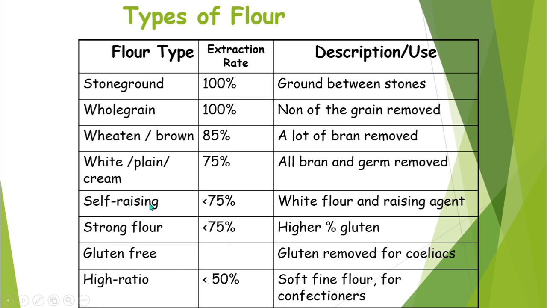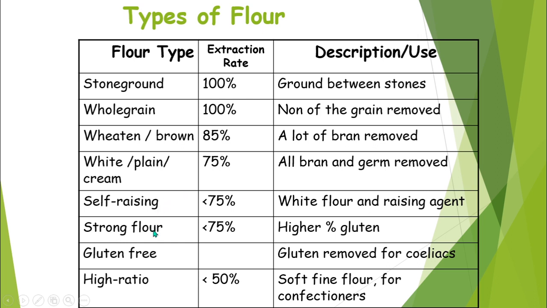Then the self-raising flour. Self-raising, the name itself indicates that the flour is used as a leavening agent in breads or bread-type products, kulchas, burgers, pizzas. The extraction rate here is less than 75%, it is a white flour, and a raising agent is incorporated in this type of flour.